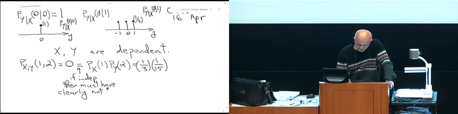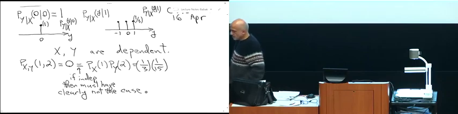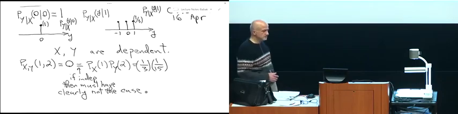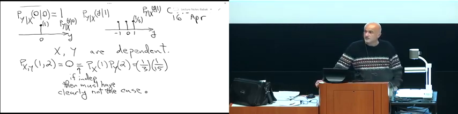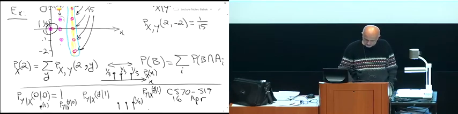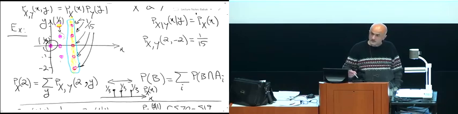So can you tell me what the general shape of a joint probability mass function for two random variables must be to have independence? What a necessary condition is for that shape to have independence? This is triangular here.